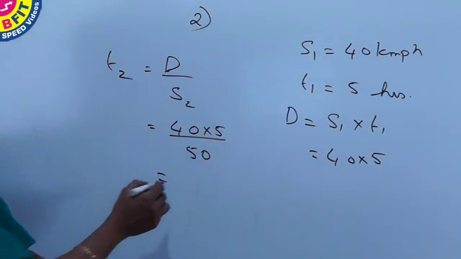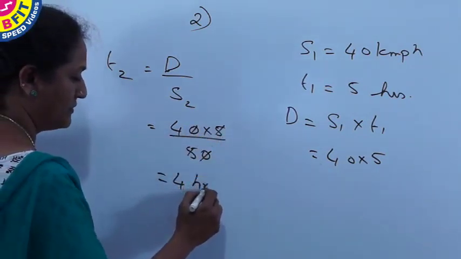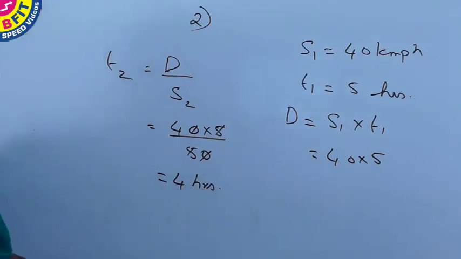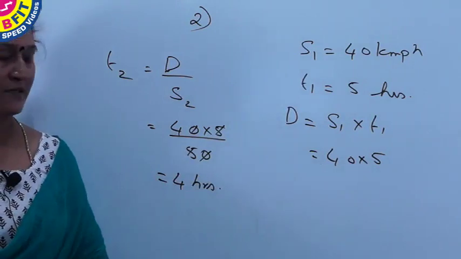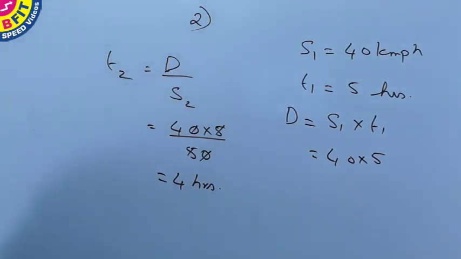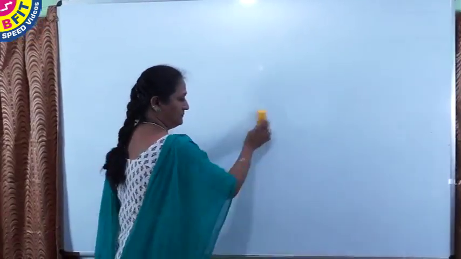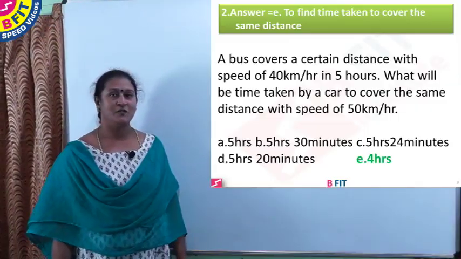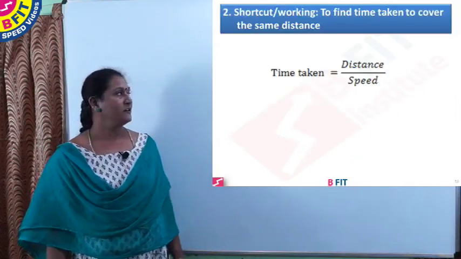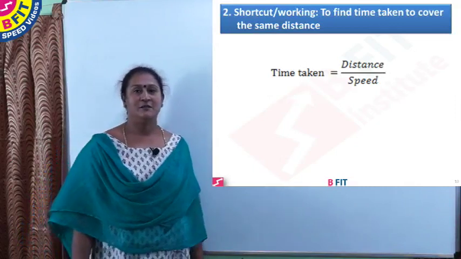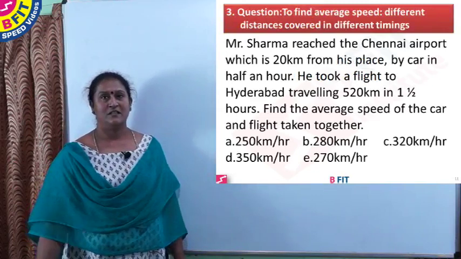Simplifying this, we get 4 hours. So the car takes 4 hours to travel the same distance covered by the bus. So the answer is option E, 4 hours. And the shortcut is time taken equals distance by speed. So we'll see the next question.